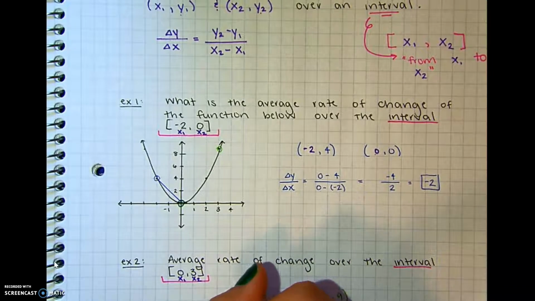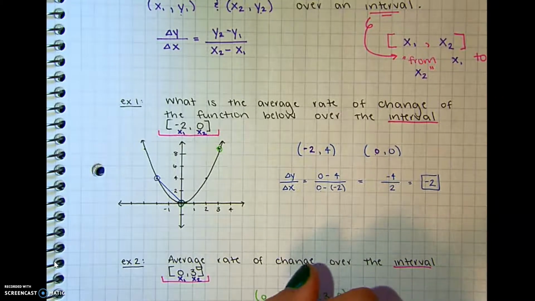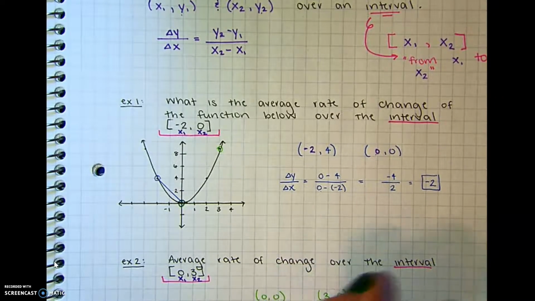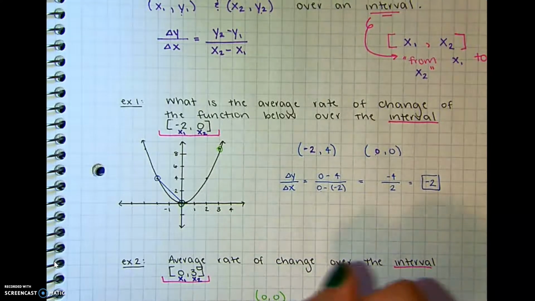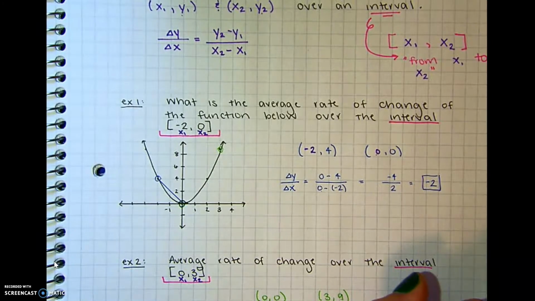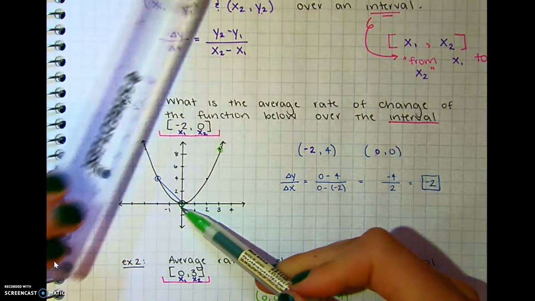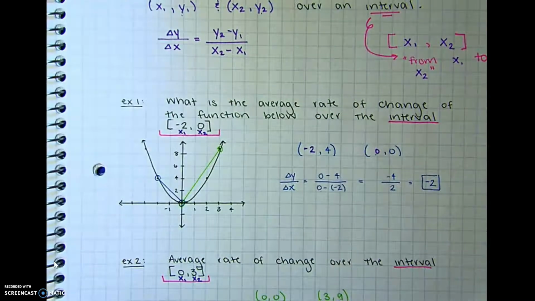And now we substitute it into the formula, so change in y over change in x. So 9 minus 0 divided by 3 minus 0. So we have 9/3, which reduces to 3. So the average rate of change from 0 to 3 is 3.